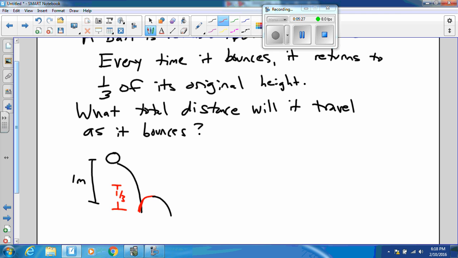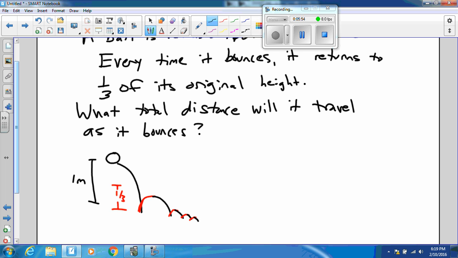Once it hits a distance of 1/3 of a meter, it's going to fall back down again. And when it bounces, it will now bounce to 1/3 of that height, which is 1/9 of a meter. So it's going to bounce up to here, and then it's going to bounce down again, and then it will bounce up to 1/27 of a meter, and down again, and so on and so forth. It will actually keep on, in theory, bouncing forever.